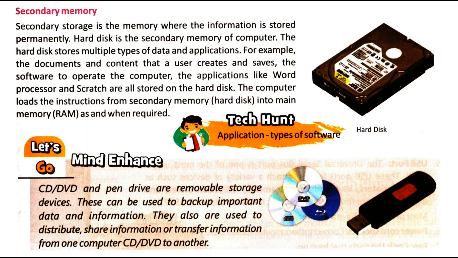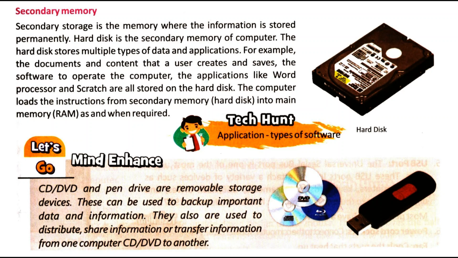capacity. Now moving to the secondary memory. Secondary memory are those type of memory which are used to store data permanently. Pen drive, hard disk, floppy disk, CD drive, DVD drive are some examples of secondary memory. Hard disk is the secondary memory that is available in the computer.